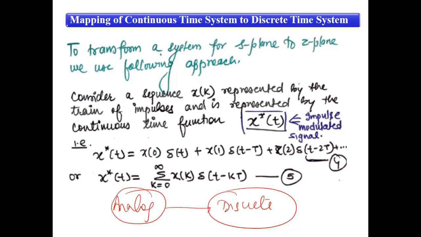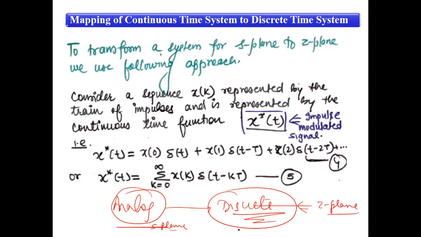Now, suppose we have a continuous-time system which we do not want to sample and then quantize, and we directly want to map it into the z plane. The analog system is available in the S plane, that is, the frequency domain analysis of an analog system is done in the S plane, whereas the frequency domain analysis of a discrete-time system is done in the Z plane.